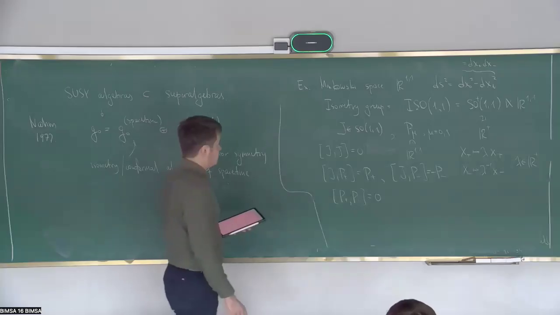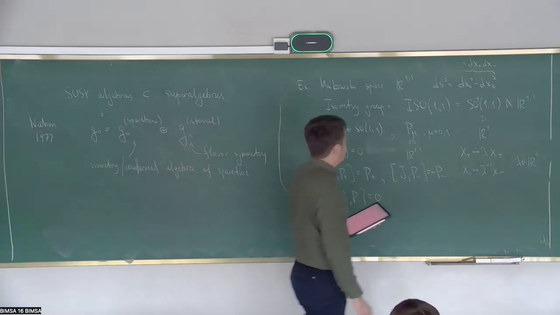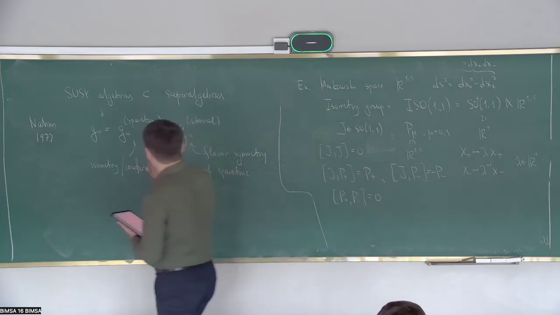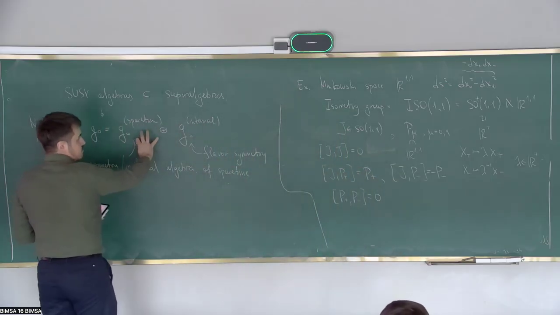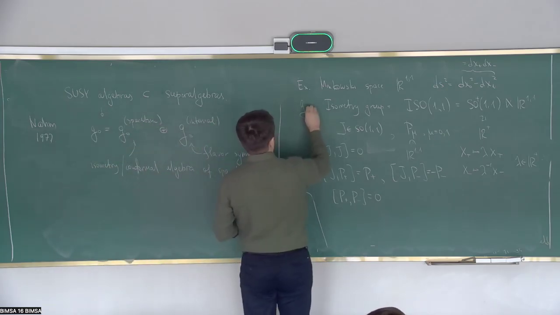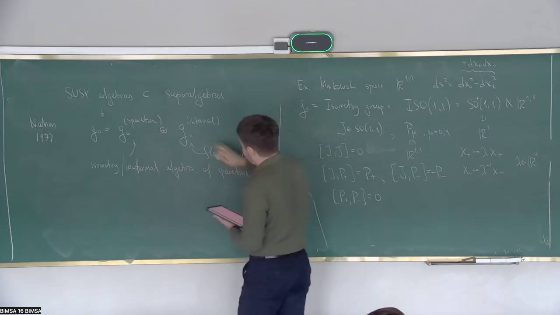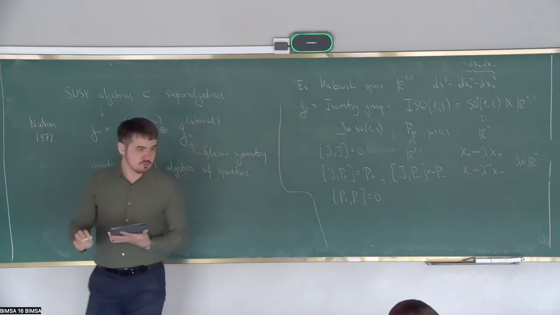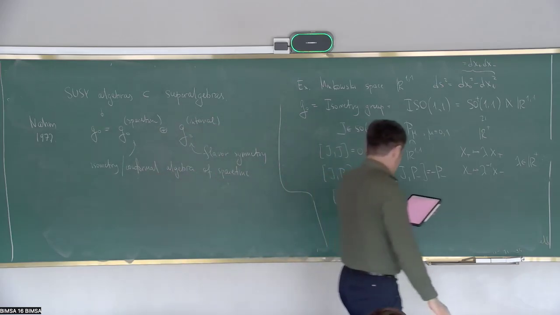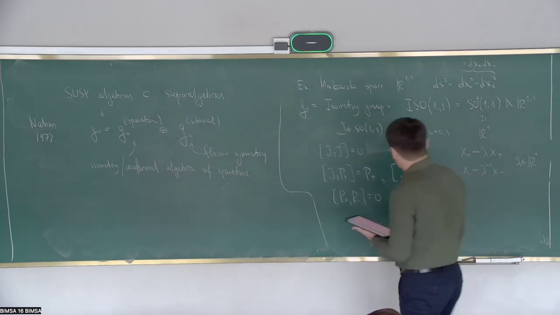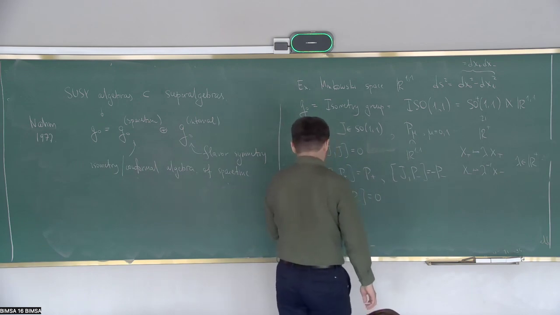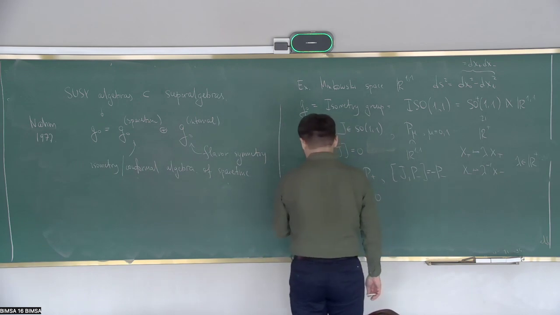So this is G0. In this case there's no internal symmetry group, only the space-time symmetry group. Now we want to add G1 to this to have a superalgebra.